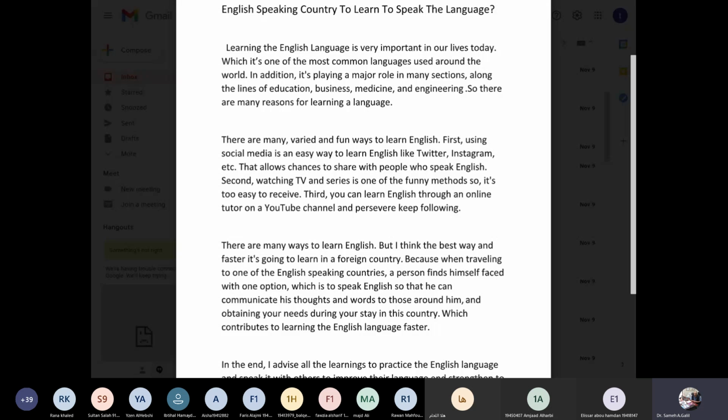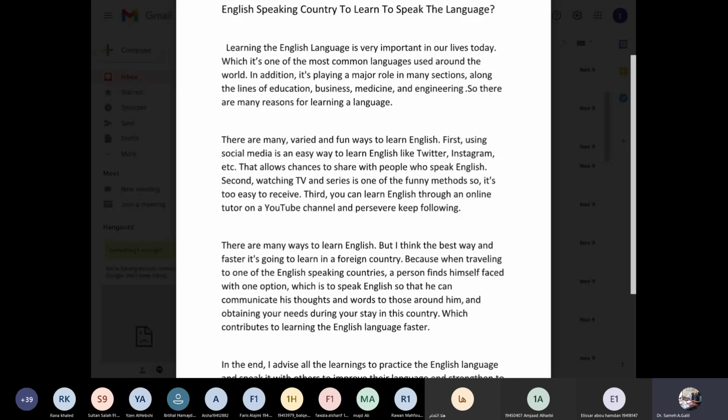And then we have what we call background to the topic. So what is the topic? It's learning the English language, right? And then she started to provide background about it when she said that it is one of the most common languages used around the world.